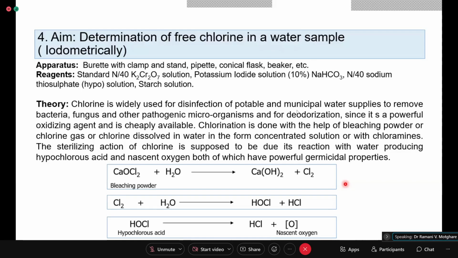Many times you must have observed when you drink carbonated drinks like Coca-Cola, your mouth finds some dryness.